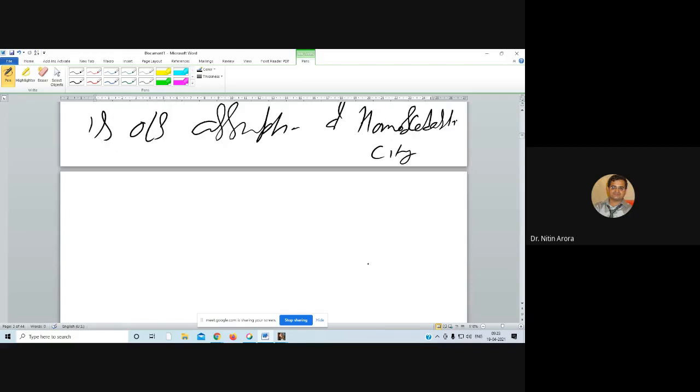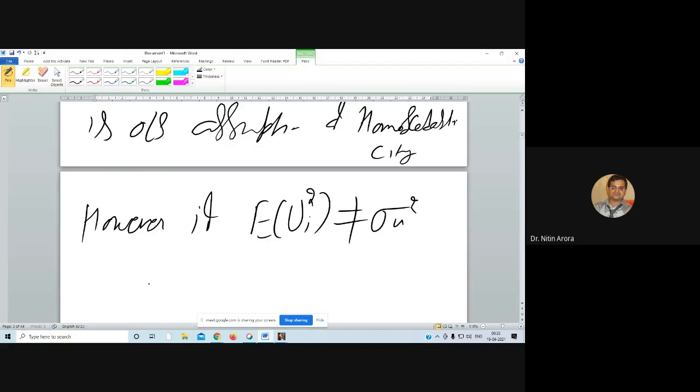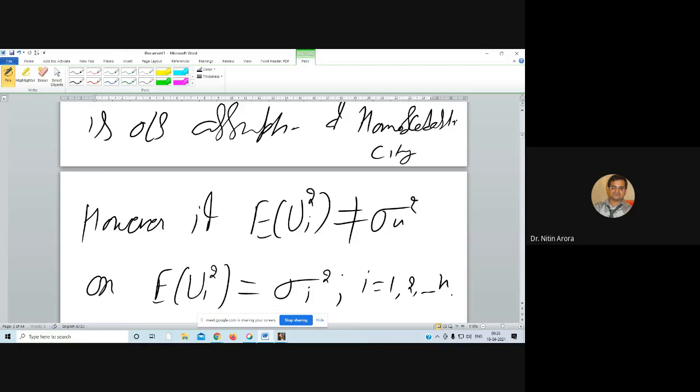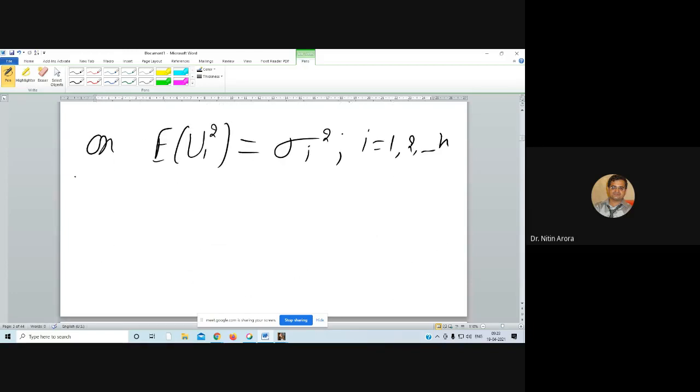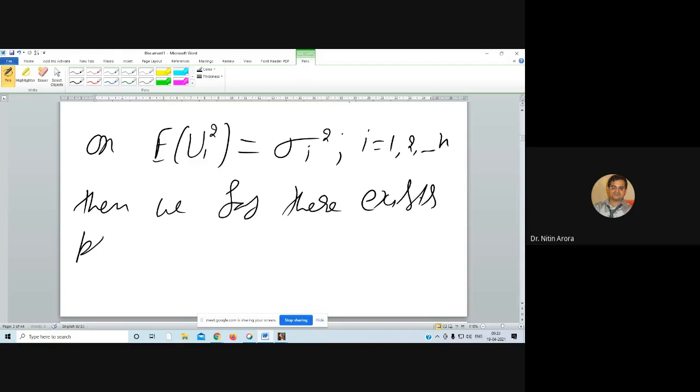However, if expected value of ui square is not equal to sigma u square, or expected value of ui square is equal to sigma i square, meaning it changes with change in value of i, then we say there exists the problem of heteroskedasticity.